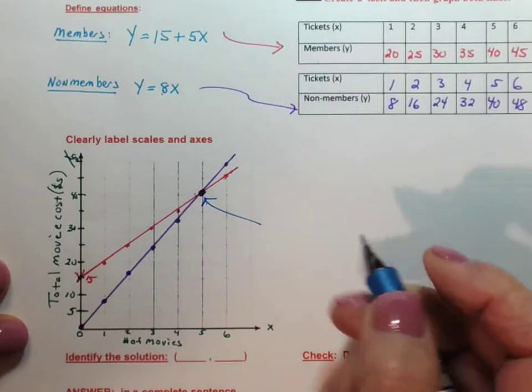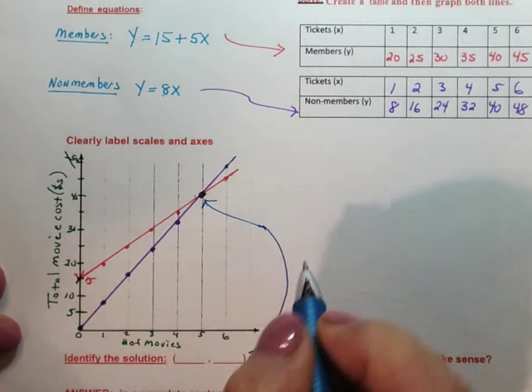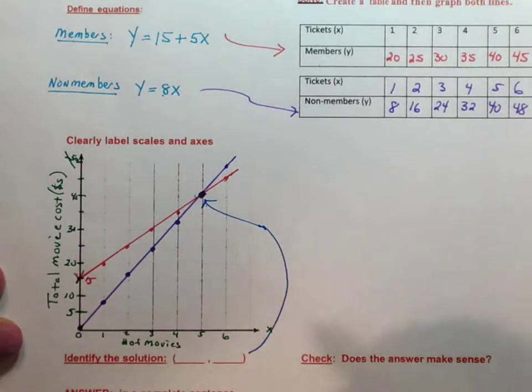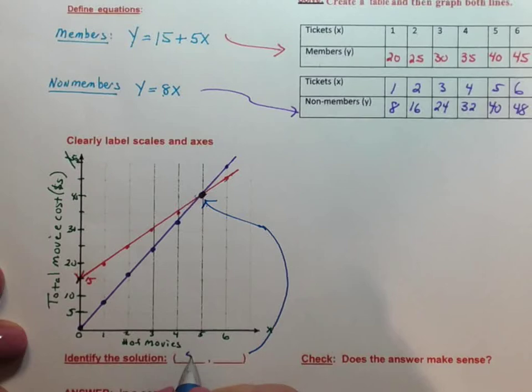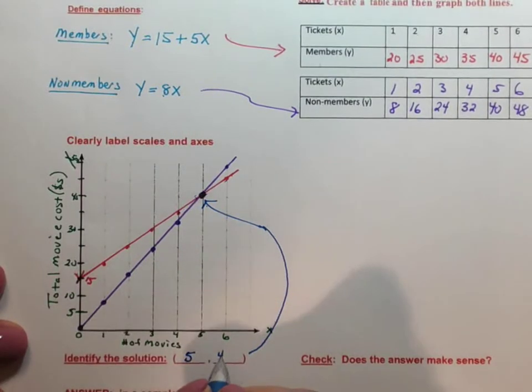That is going to be the solution. The solution is 5 and 40. Okay.